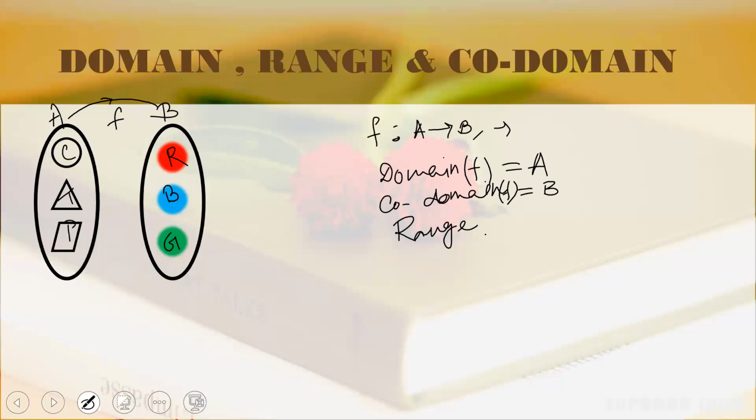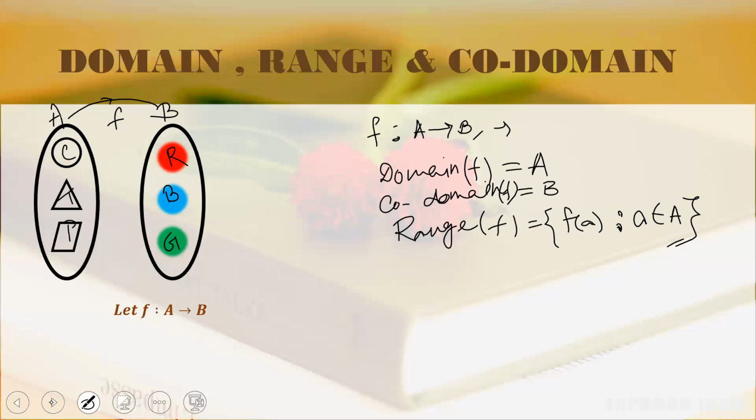Range set of F is the set of elements F of A such that A belongs to this set A. That means all the elements present in the image set, we will call this the range set.